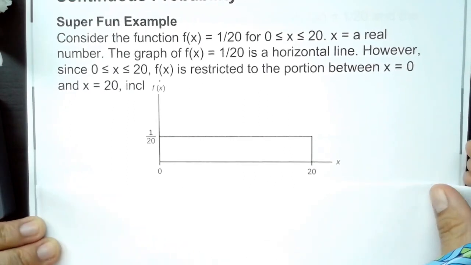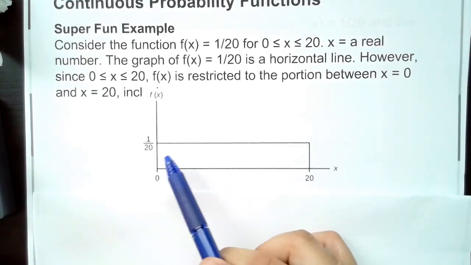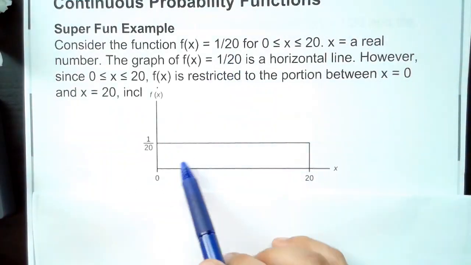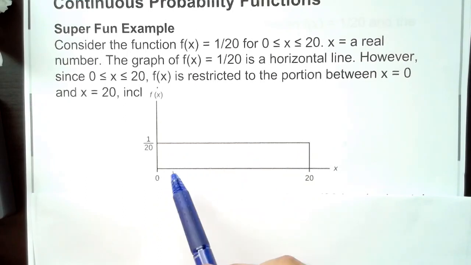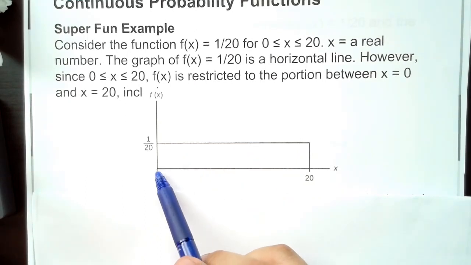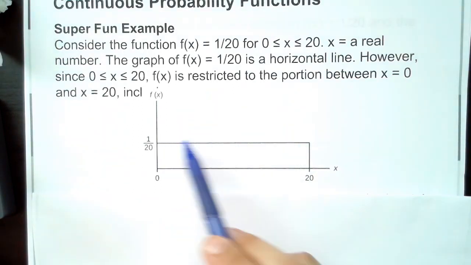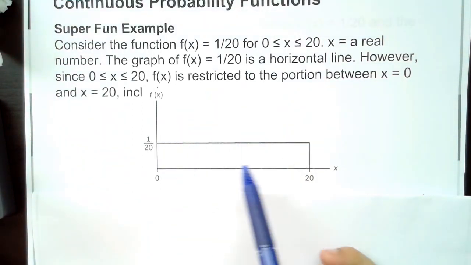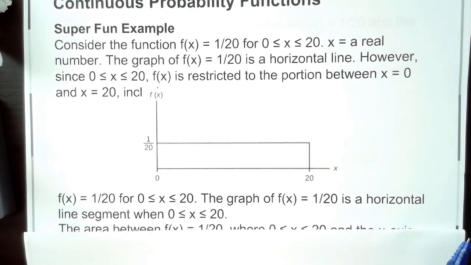Let's look at the graph of f of x equal to 1 over 20. That's just a straight line, just a constant. Since x has to be between 0 and 20, f of x is restricted to this piece right here. So it kind of looks like a rectangle. The graph is a horizontal line segment.